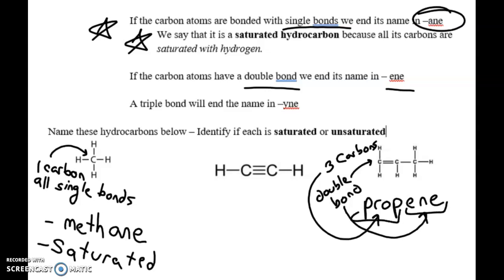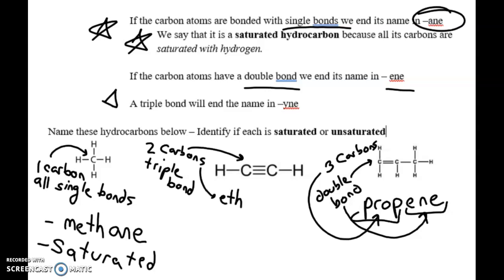So last one here, a triple bond is going to end in yne. If you look at the middle example, we've got 2 carbons, and there is a triple bond. So we can name this, for the 2 carbons, that is the eth prefix.